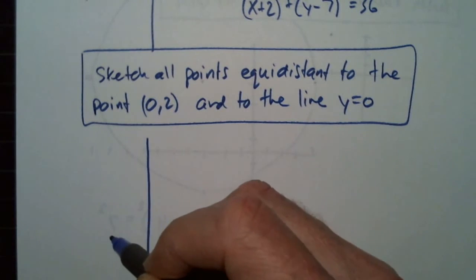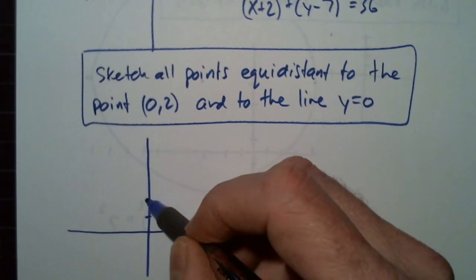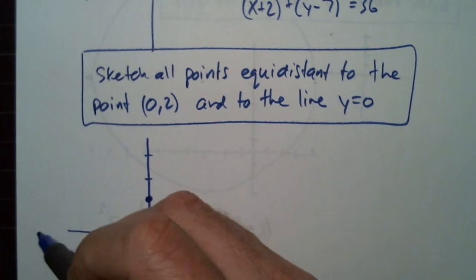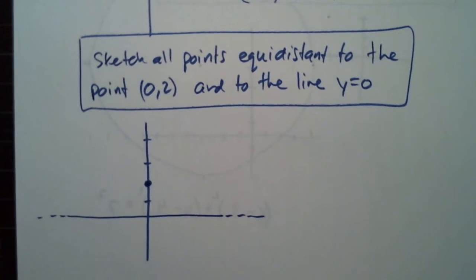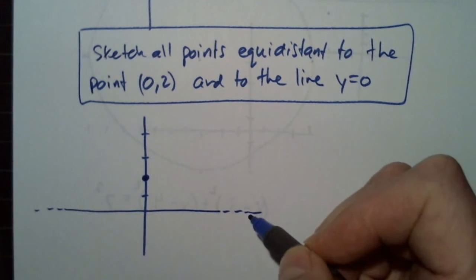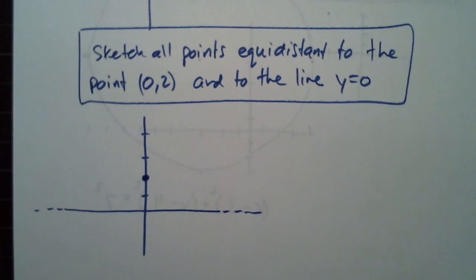We have a point 0, 2, and we have the line y equals 0. And we want to find all the points, sketch all the points equidistant to the point and to the line.